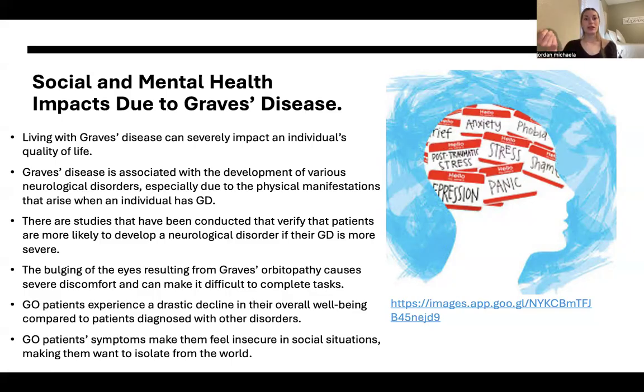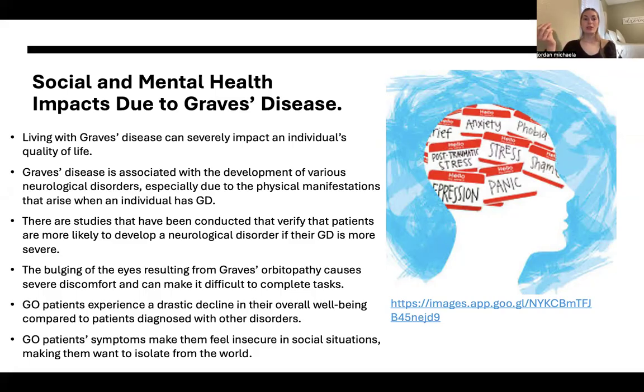There are studies that verify that patients are more likely to develop mental health disorders if their GD and symptoms are more severe. The bulging of the eyes resulting from Graves' orbitopathy causes severe discomfort and can make it very difficult to complete tasks, which can make a person feel unworthy, and this can cause a drastic decline in their overall well-being compared to patients with other disorders.